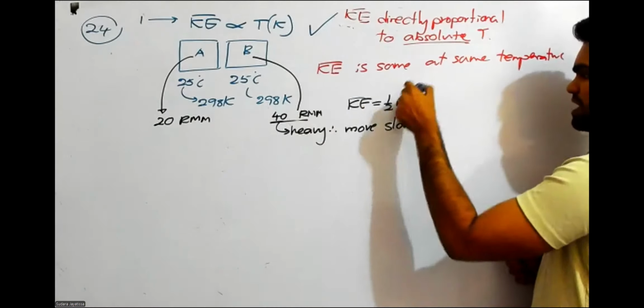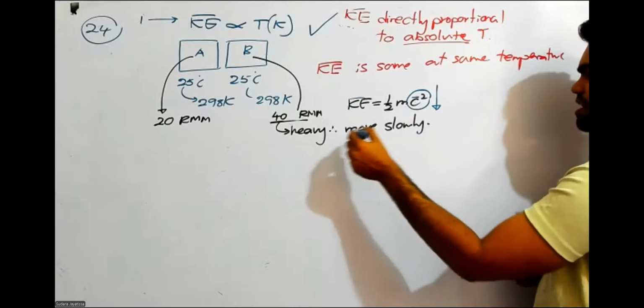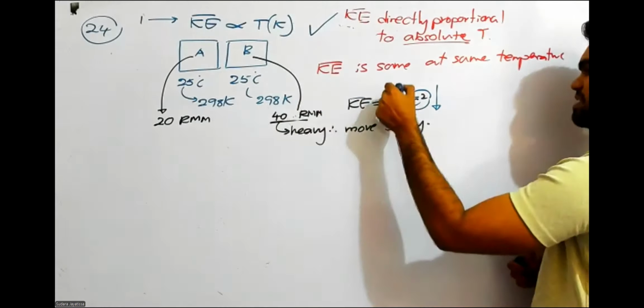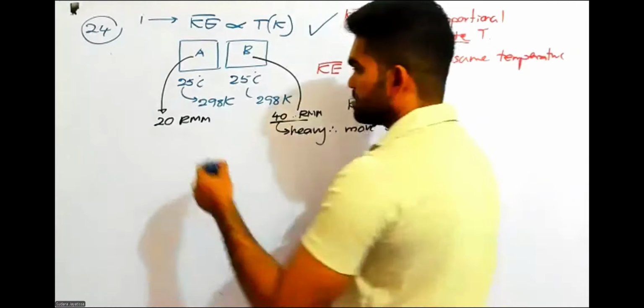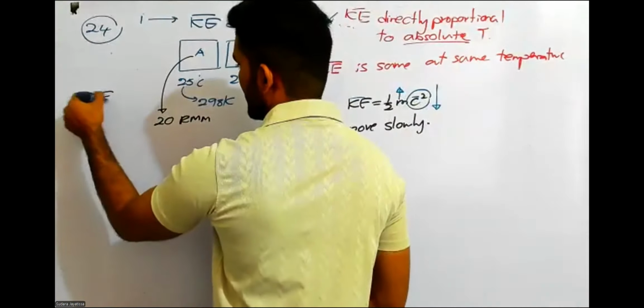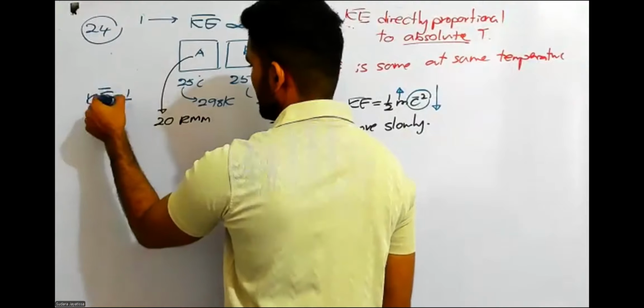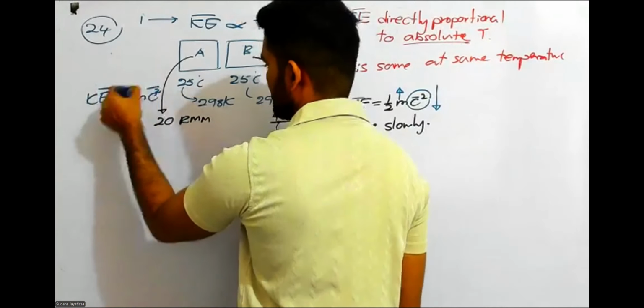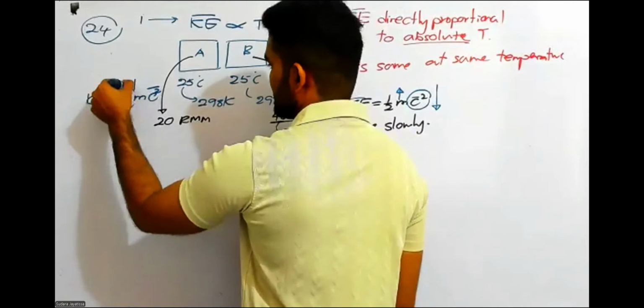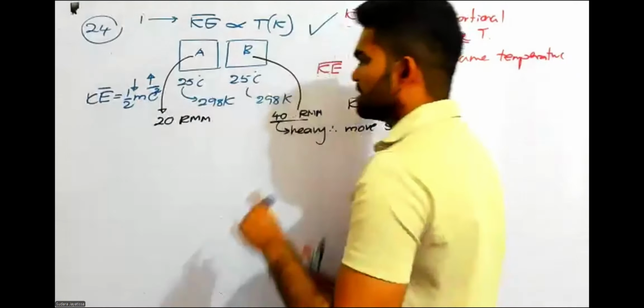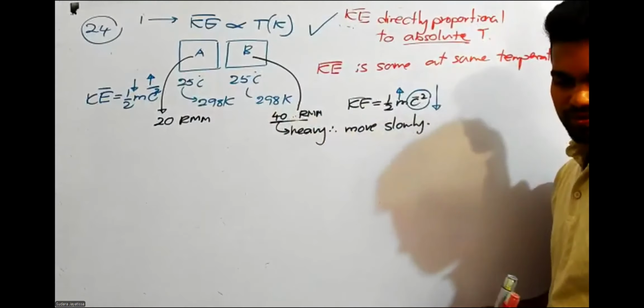So if this one is lower, because of the higher mass, this is going to be higher. If you apply the same principle for this molecule, KE bar equals half mc square. Remember this one from the derivation. If the mass is lower, speed will be higher. So they are kind of adjusted.